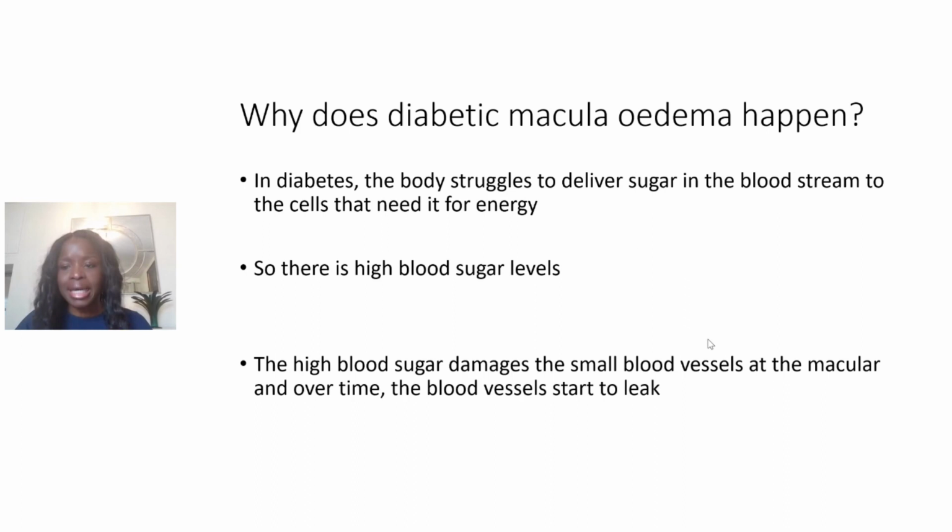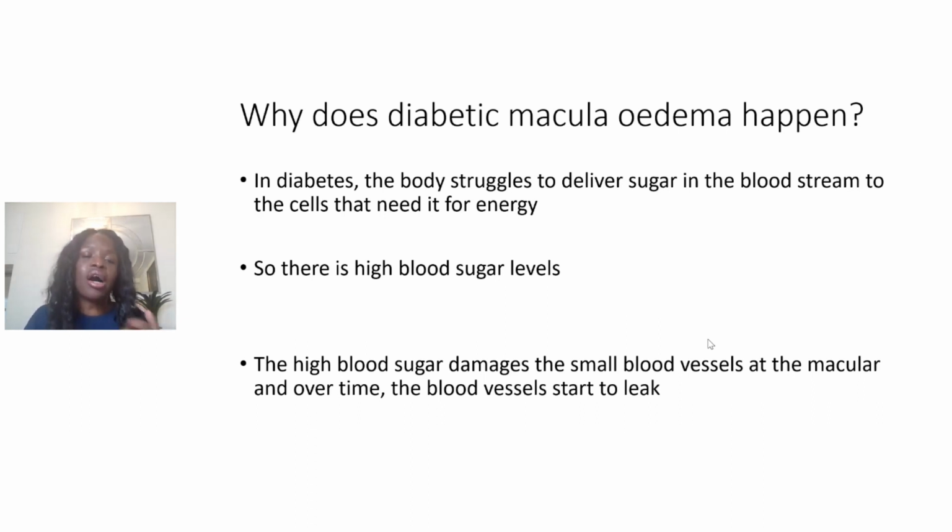Now, in the macula, the small blood vessels tunneling through the macula are created with reinforcement to make sure they don't allow any leakage, which would disorganize the neatly patched structure I mentioned earlier within the macula. Now, in diabetes, the body struggles to deliver the sugar in the bloodstream to the cells that need it for energy.